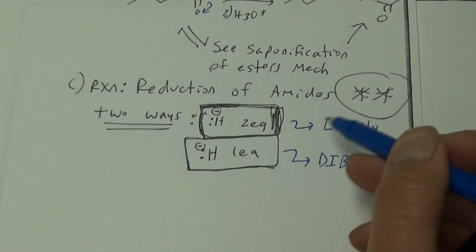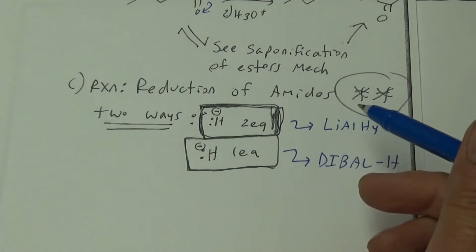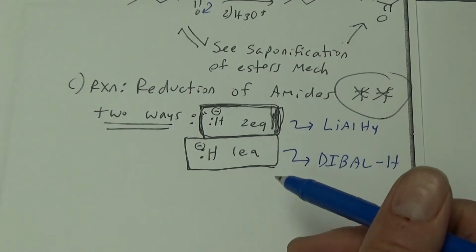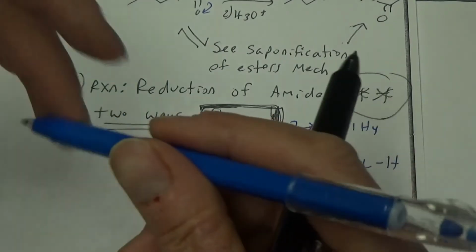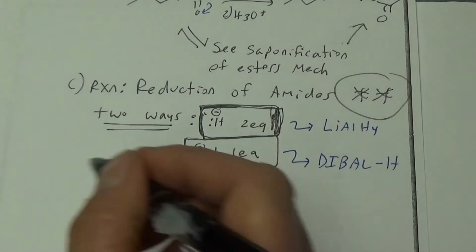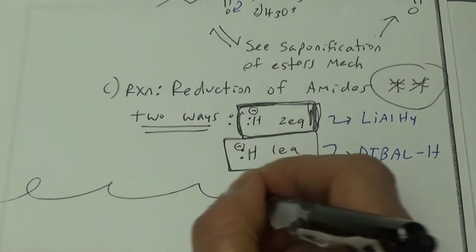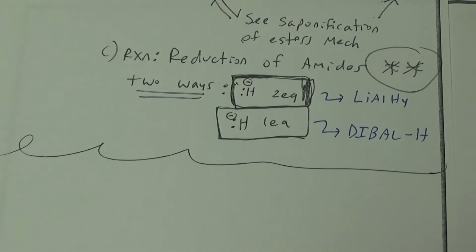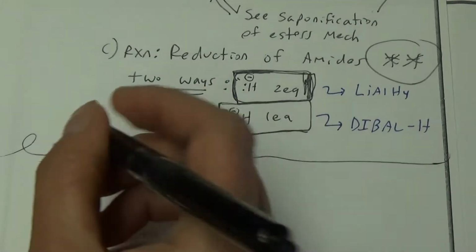So we have two different ways we can do reductions of amides. Let's show those now. I'm going to first show the lithium aluminum hydride method. Let's show the lithium aluminum hydride reduction of an amide first.